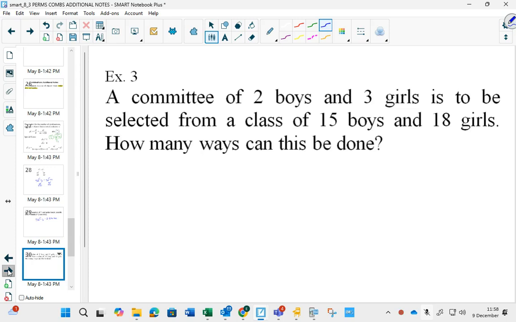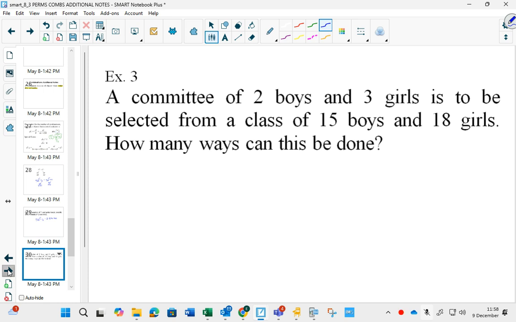Committee questions are typical combination questions. A committee of 2 boys and 3 girls is to be selected from a class of 15 boys and 18 girls. How many ways can this be done? So we have 2 decisions that we need to make.